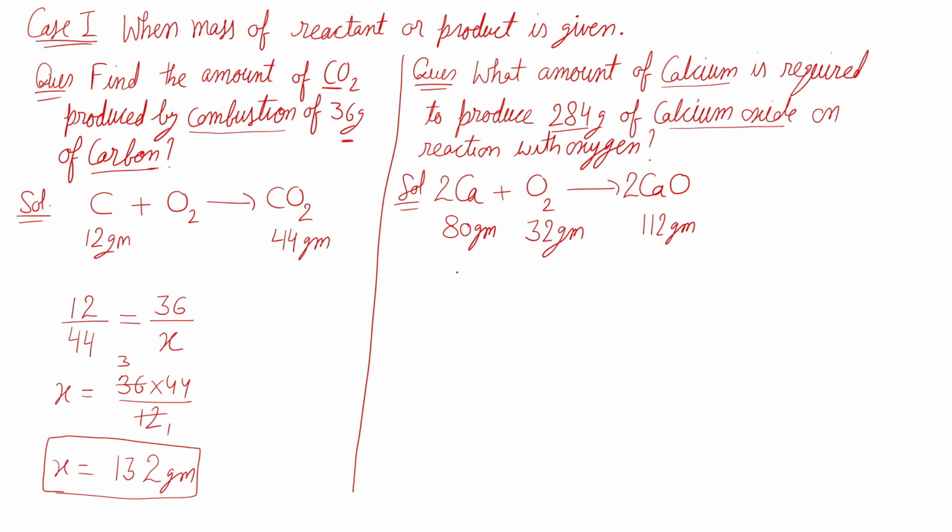Okay. Now we will not take this amount because we have to find the amount of calcium, and the amount of calcium oxide is given to us. It means we require only this and this; we do not have to use the other anywhere, remember that. Okay. So now, same as, when 80 gram calcium is reacting with oxygen, it is producing 112 gram of calcium oxide.